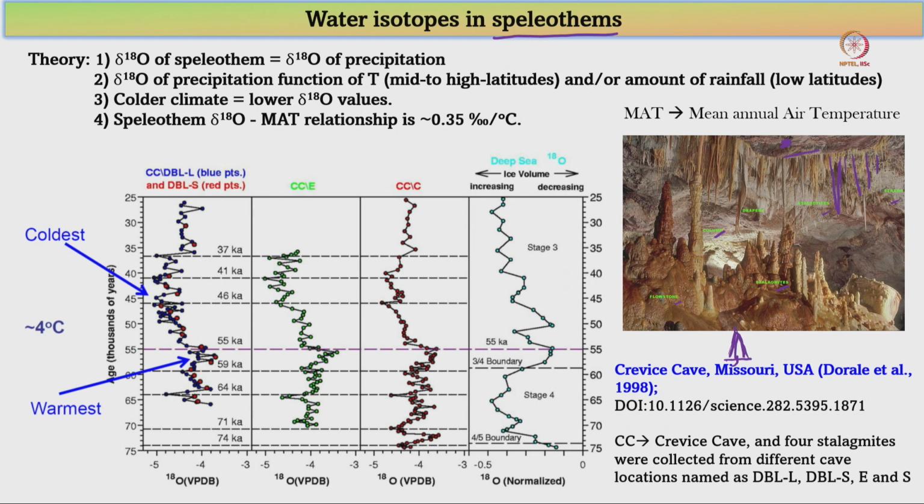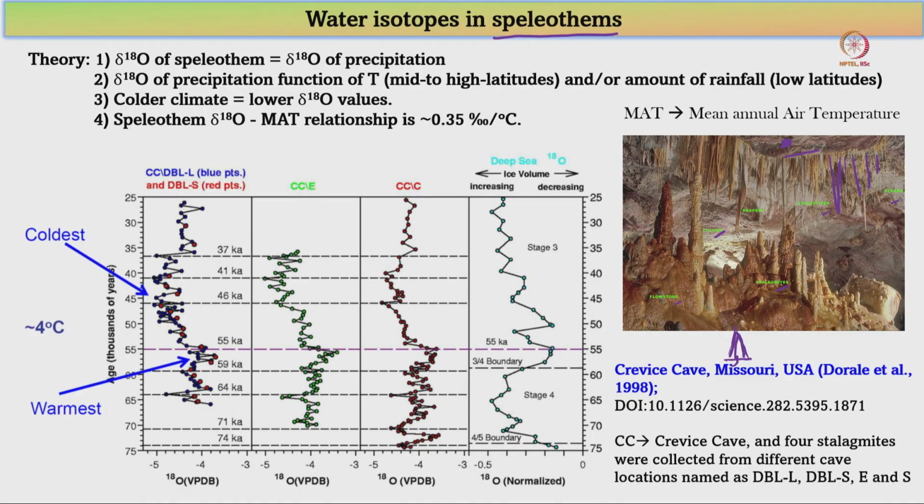Now, once I know the delta 18O of the precipitation or rainfall, I know that it is a function of temperature. There is a direct relationship between the delta 18O of meteoric water and temperature, and it is specifically very good in mid to high latitudes.